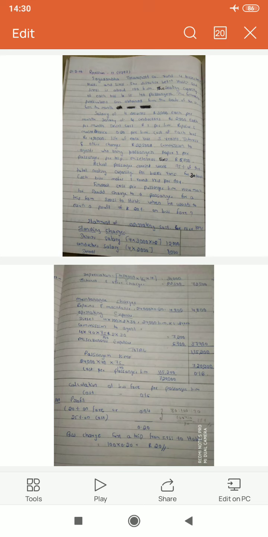Therefore, 20% on bus fare would be equal to 25% on cost. 25% on 16 paise works out to 4 paise. Therefore, the total cost per passenger kilometer could be put at 20 paise.